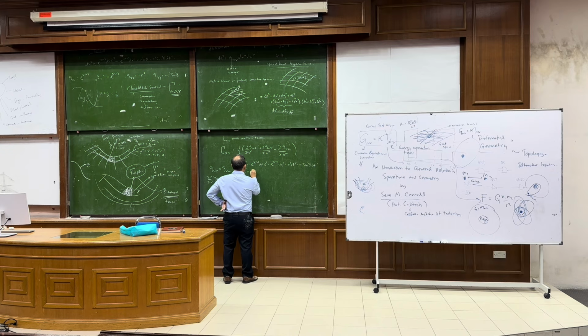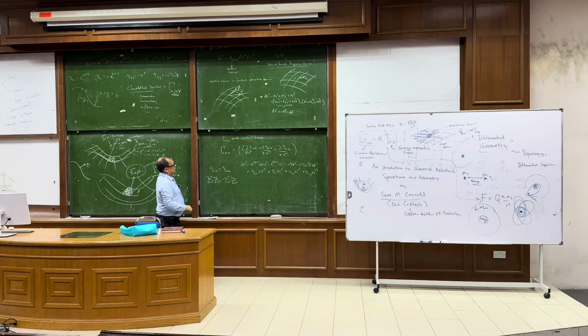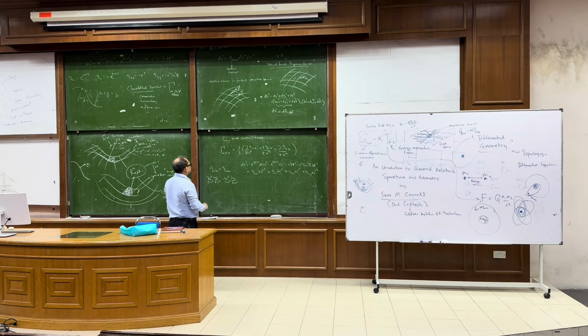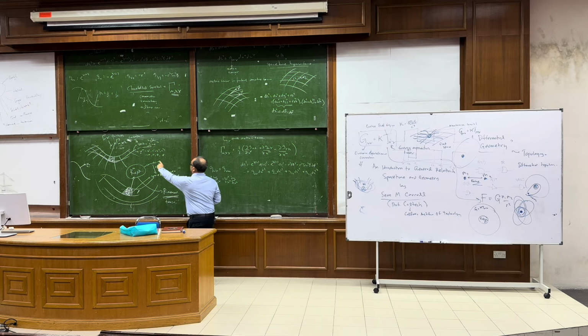This is G 0 0, G 1 1, G 2 2, G 3 3. So this is the matrix we have. Okay, for example, we want to find a generalized equation for this. For example, we want to find this one.